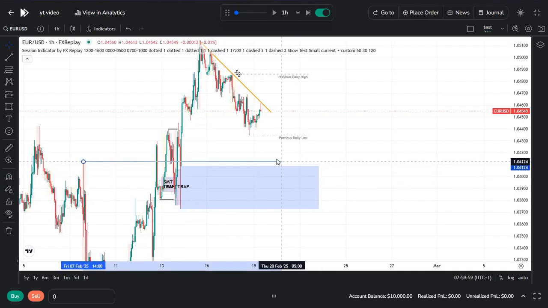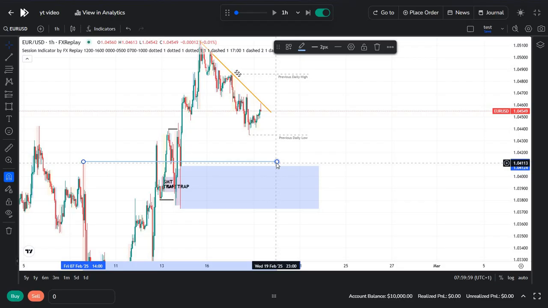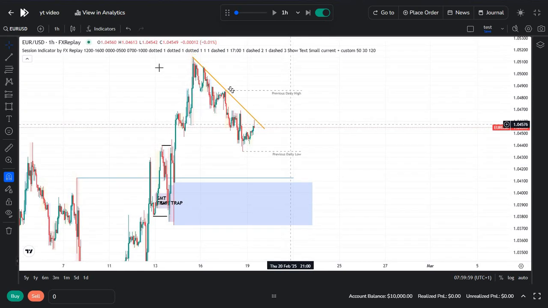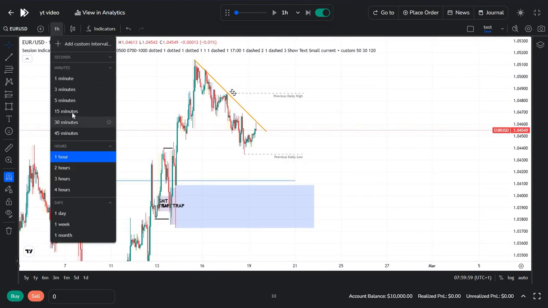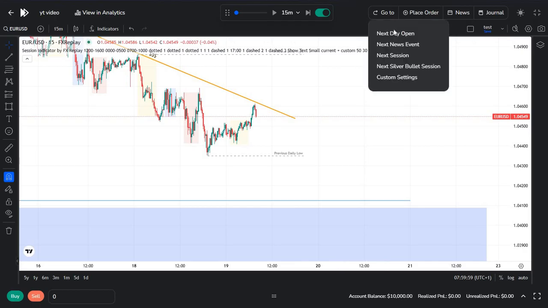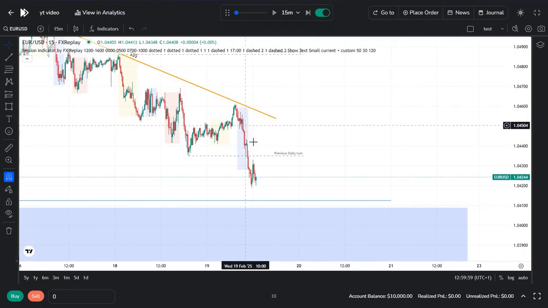So yeah, we got the efficiency right here. And we're looking for price to go down as the DXY will go higher if our predictions are correct. So right here, we're coming to the start of February 19. So this is recent, guys. We go down in London session.